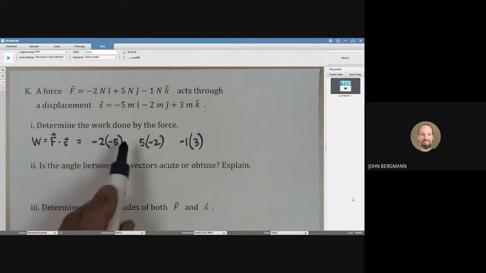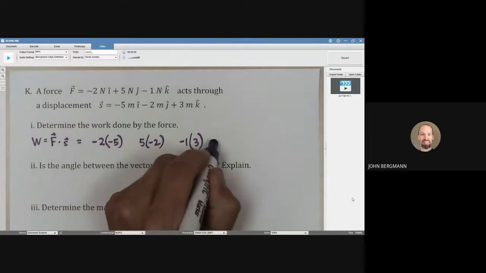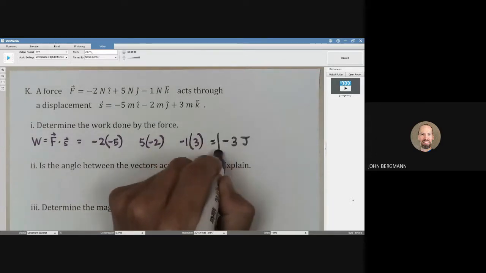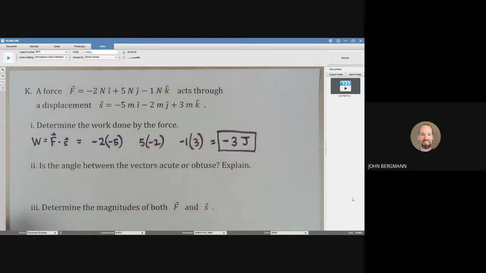Check and make sure I didn't make a mistake there. That looks good. So that's +10, that's -10, so that's going to come out to be -3 joules. And we do want to report that as -3.